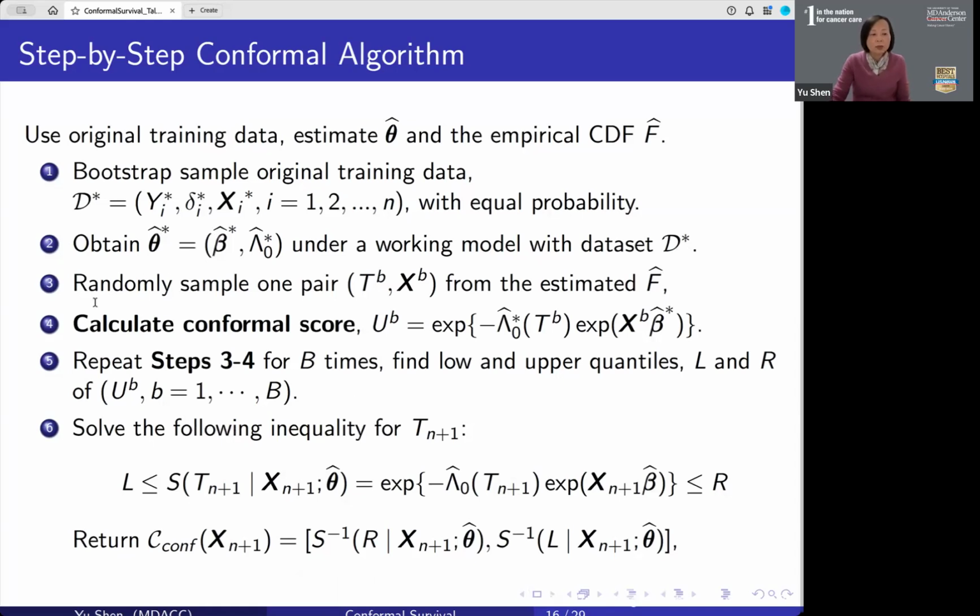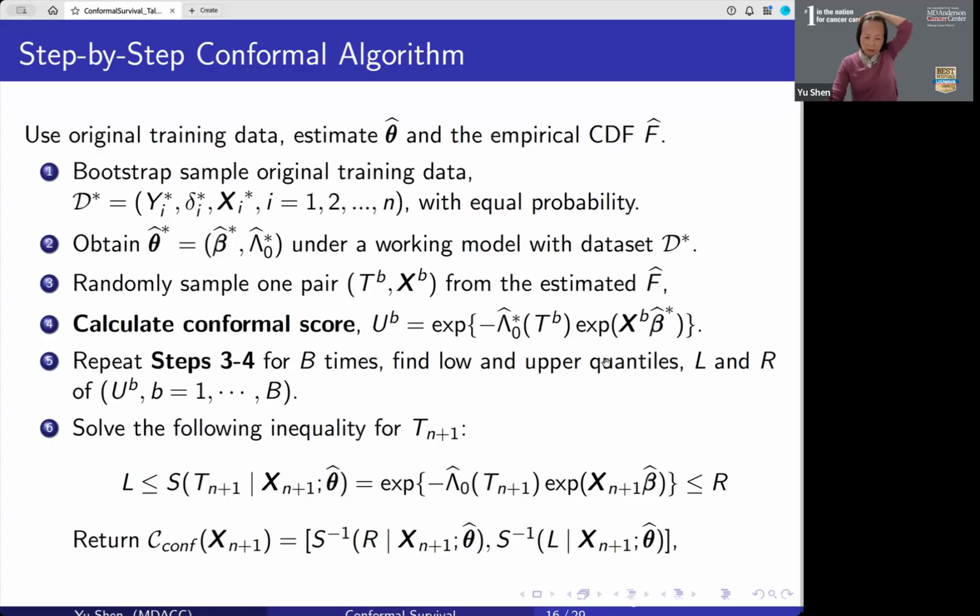Then we randomly sample one pair of uncensored failure time and covariates from the estimated empirical function. Those are uncensored. And then we calculate the conformal score.